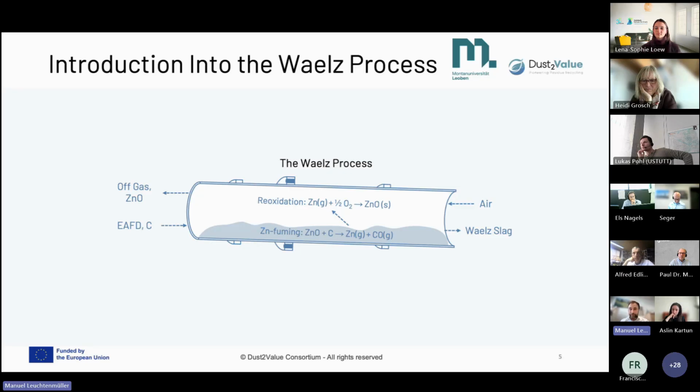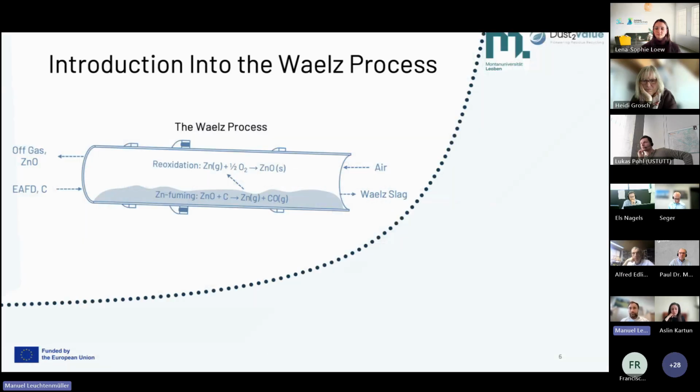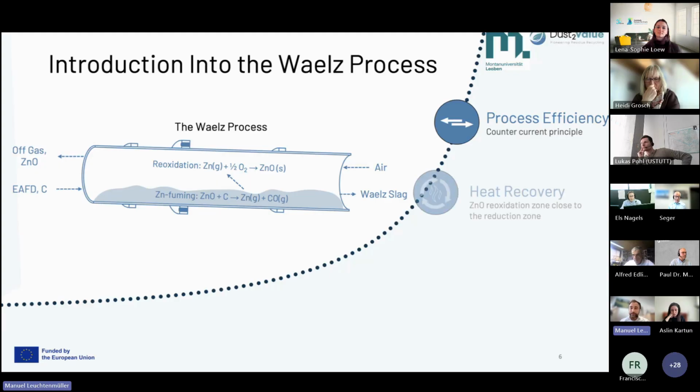The other side, we have the Wels slag. So some general points about this process. It's quite an efficient process because it's a counter-current reactor. So you have quite a good heat recovery. You preheat the cold material with the hot gas, and on the other side, on the discharge side, you preheat the air with the hot Wels slag.